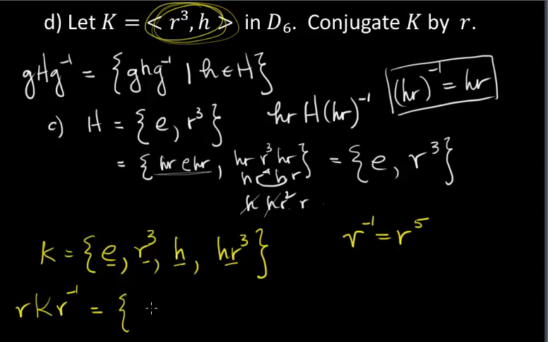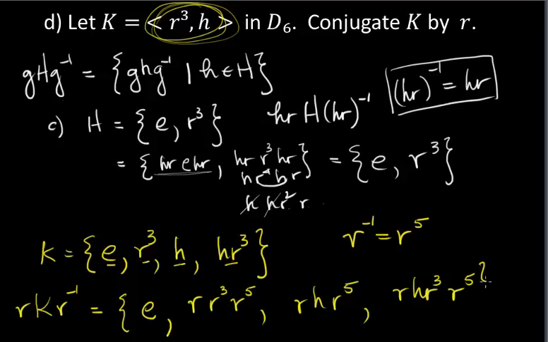And of course, we get E when we conjugate E by R. Then we will have R cubed, R to the 5th. Then we will have R, H, R to the 5th. And then we will have R, HR cubed, R to the 5th. Just multiply each one on the left by R and on the right by its inverse.